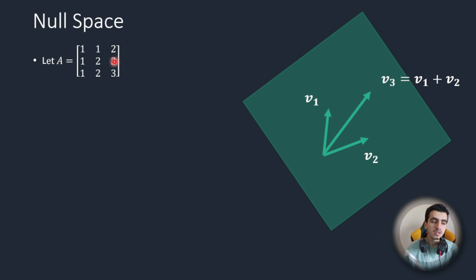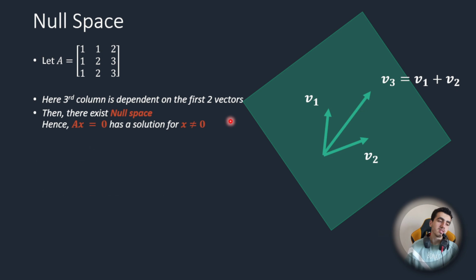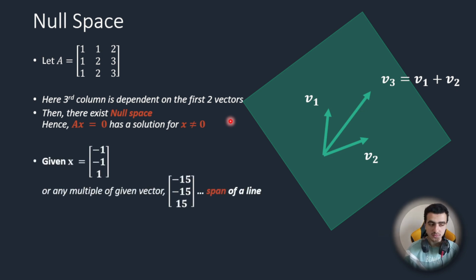Okay, so basically there exists a null space here because of this dependency relation. So the question is, how can I find this null space? Simply, we set Ax equal to 0, where x is not equal to 0, because that would be the naive solution.